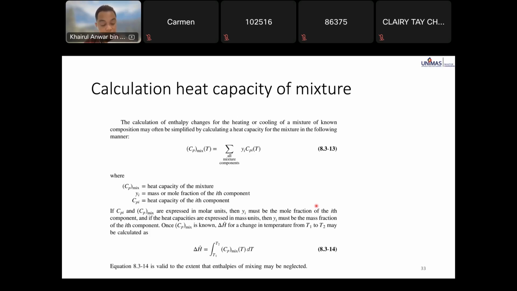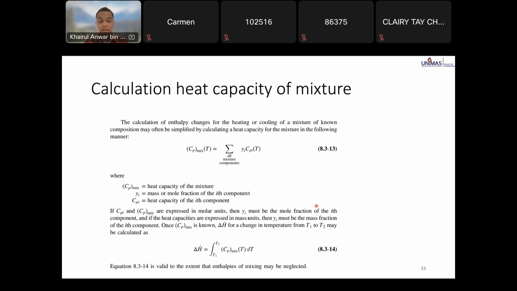The example. Calculation of the heat capacity of a mixture. The calculation of enthalpy changes for the heating or cooling of a mixture of known composition may often be simplified by calculating a heat capacity for the mixture in the following manner.